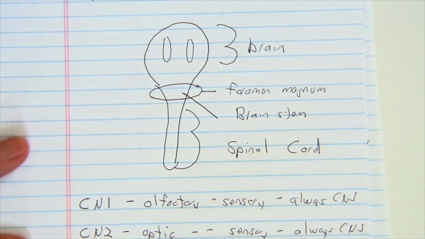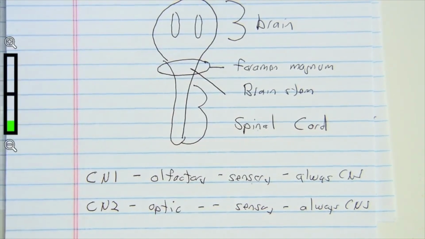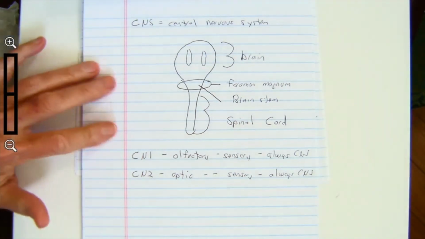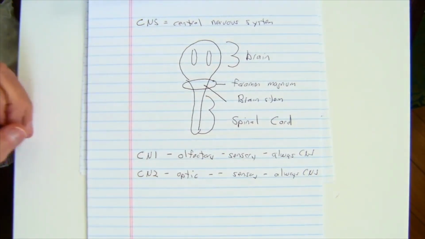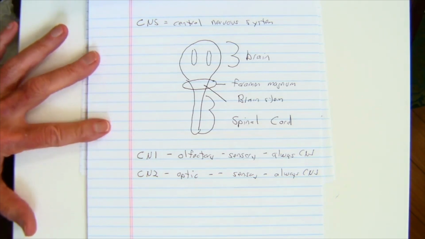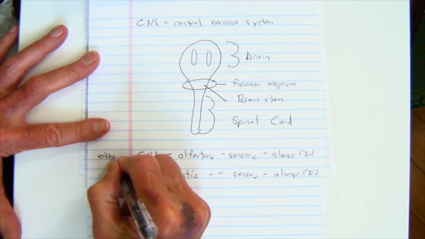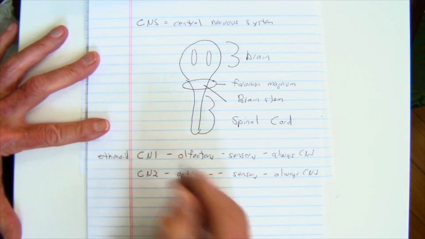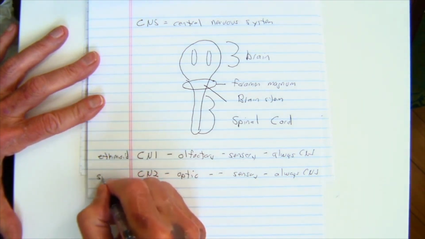So when someone says to you, what's in the central nervous system, the big picture is going to be the brain stem, the spinal cord, CN1, and CN2. And again, just to refresh your recollection, remember CN1, the olfactory nerve, we're always going to associate with the ethmoid bone. And CN2, we're always going to associate with the sphenoid bone.